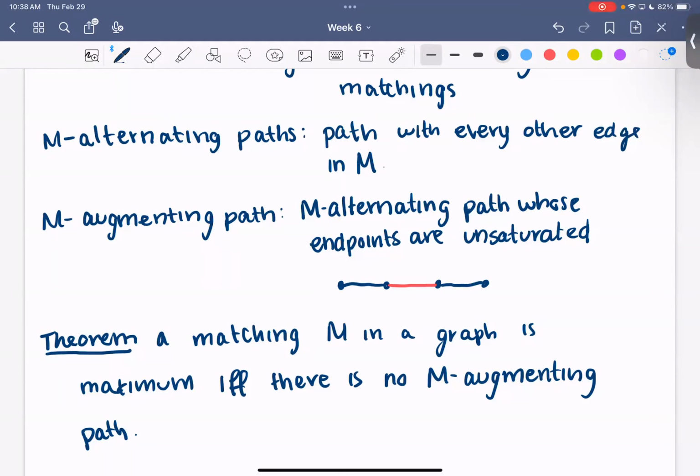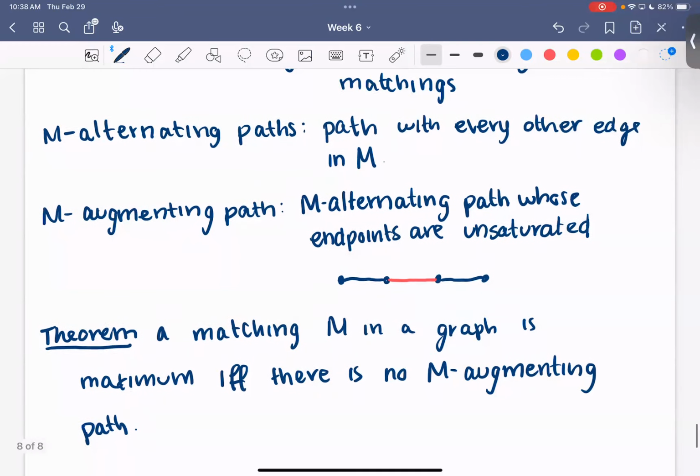Okay, so how are we going to go about finding maximum matchings? We're going to present first an algorithm for finding M augmenting paths, and then that algorithm will get successively applied to a specific matching in order to slowly increase its size until there is no M augmenting path left.